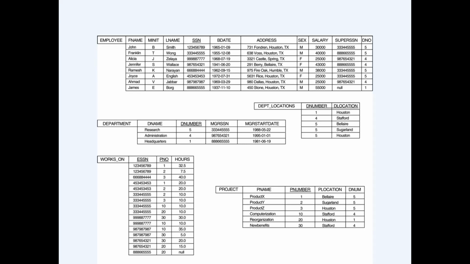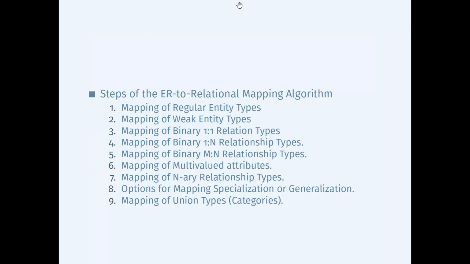Okay, now just to talk about the rules of this mapping. Usually when you're mapping from ER to relations, you focus on a couple of things. You normally start with mapping all the regular entity types. Regular means you have clearly defined a primary key for that entity type.